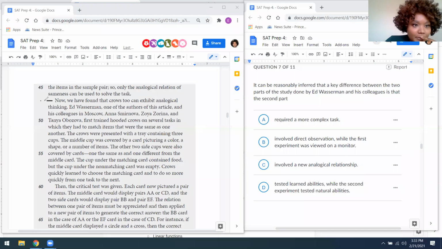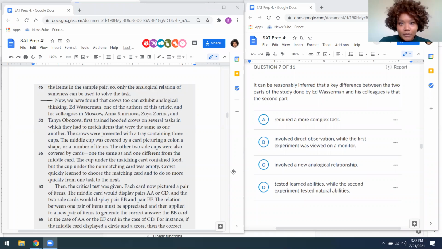Okay, line 47. Well, yeah, but I really didn't come to an answer yet, but I was just looking back in the passage to really see, because I saw Ed Wasserman.